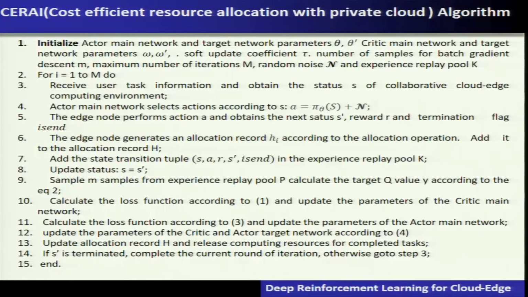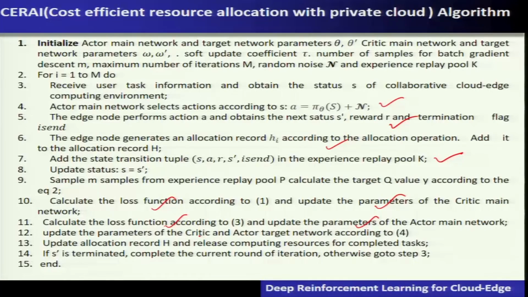So, all the steps of this algorithm are explained over here. We have already explained all the steps in this particular pool, and then we calculate the loss function, update the parameters of the critic main network, calculate the loss function and update the parameters of the actor main network. So, there are 4 different networks formed in this case.